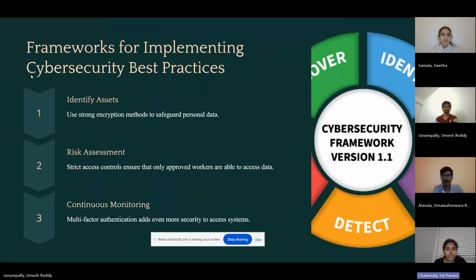Coming to continuous monitoring, it involves the ongoing observation, analysis, and assessment of the organization's information. Here, it needs to detect and respond to security threats and incidents in real time. Continuous monitoring mainly depends on multi-factor authentication, which involves multiple authentications from the user so that the data is secured from unauthorized access.